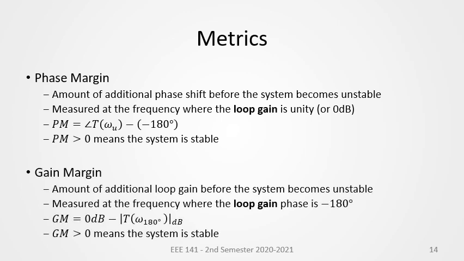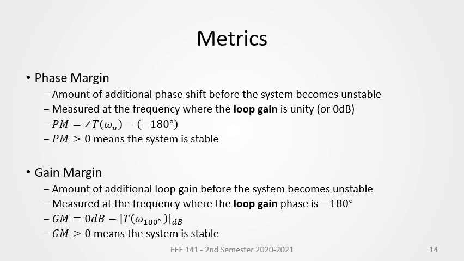Gain margin, on the other hand, is the amount of additional loop gain before the system becomes unstable. This is measured at the frequency where the loop gain phase shift first reaches negative 180 degrees. Defining by equation, GM is equal to 0 dB minus loop gain in dB at its omega 180 degrees, or the frequency where the phase shift is negative 180 degrees.